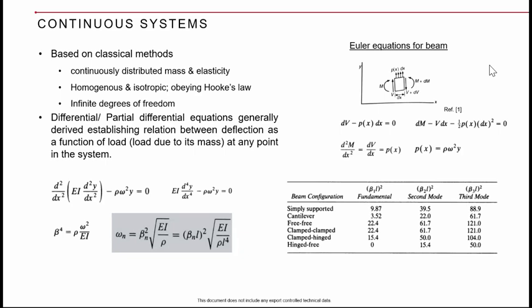When you are interested in bending modes or transverse modes, you can use Euler equations for the beam and get the force equilibrium and the moment equilibrium, and then express them as a differential equation. And this rho is nothing but mass per unit length, and this is the inertial force finally.